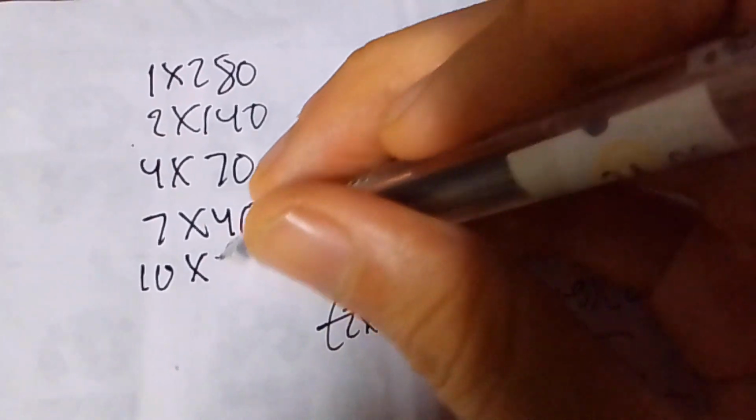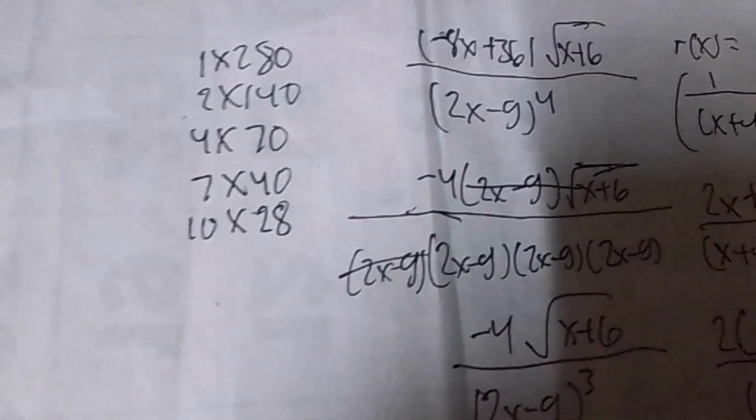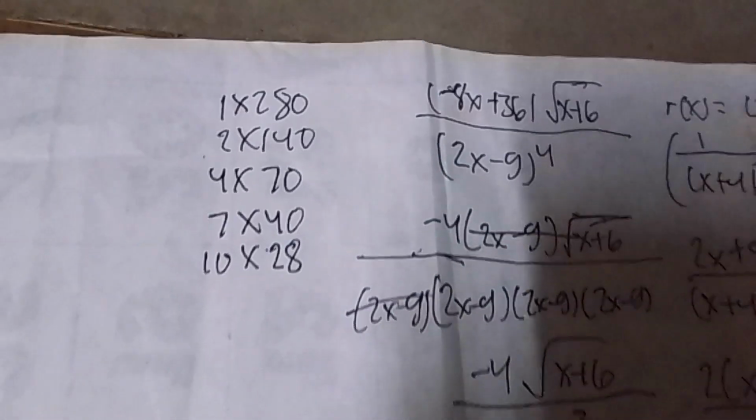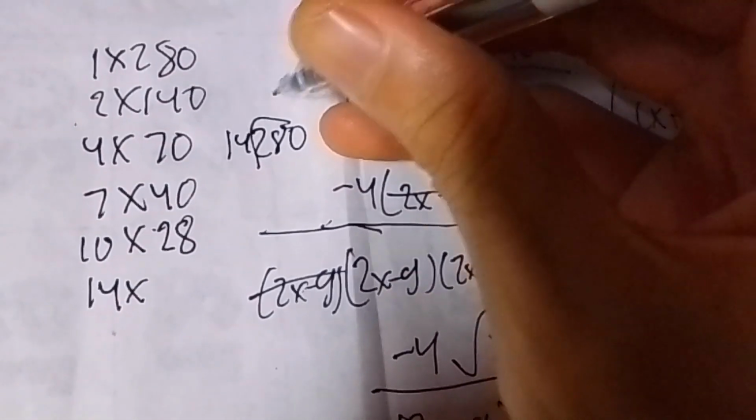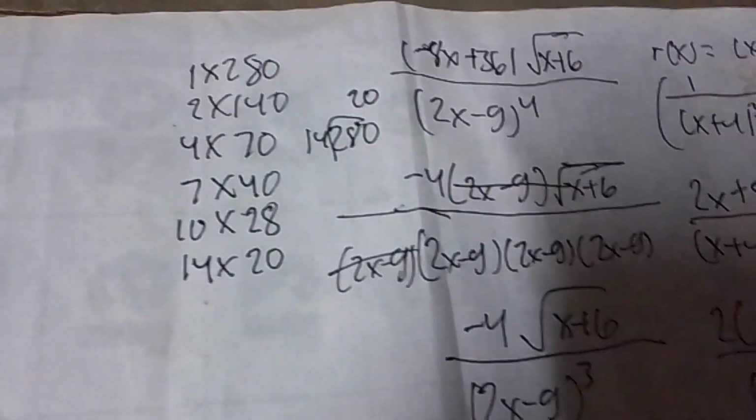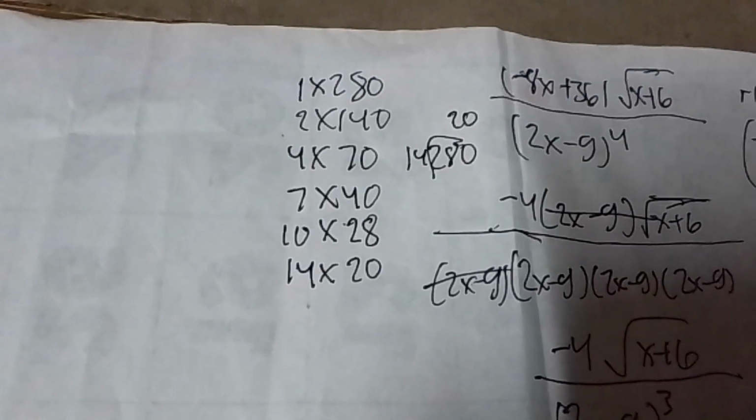So 1 times 280, 2 times 140, 4 times 70, 7 times 40, 10 times 28, 14 times, let's try 14 kaya. So 14 and 20 kaya. Let's see if it makes sense.